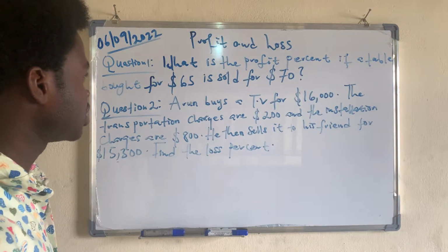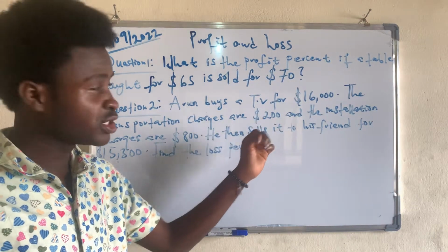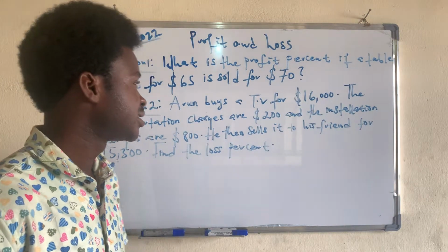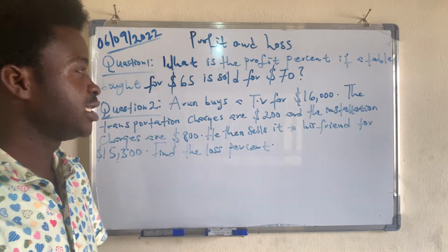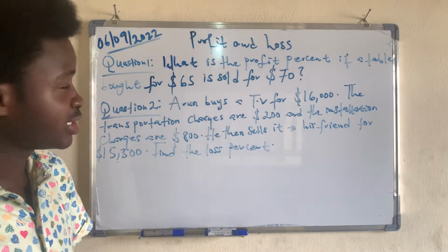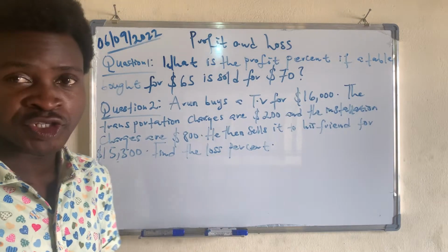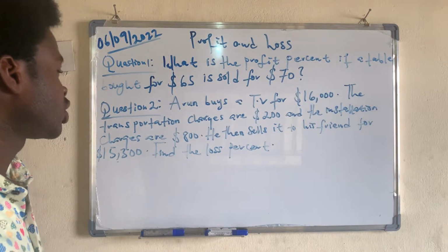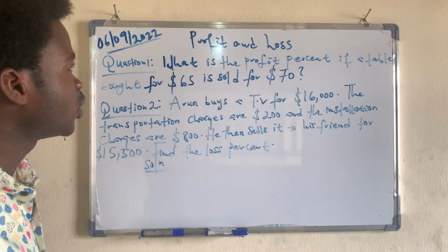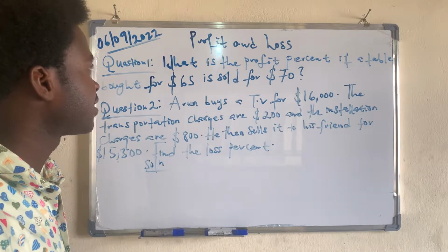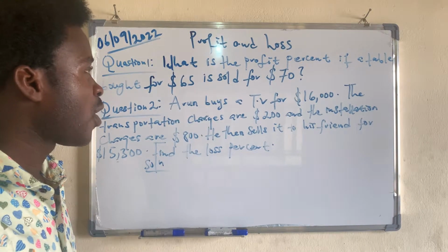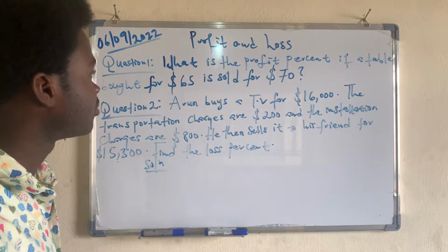The transportation charges are $200 and the installation charges are $800. He then sells it to his friend for $15,300. Find the loss percent. We have to obtain the loss percent here, but you will observe that problem number 2 is different from problem number 1.